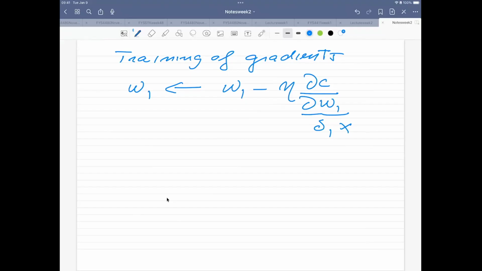But the problem then is that you need to invert a matrix when you have many variables, which represents the second derivative of the cost function with respect to the variables. So if you have 1 million weights in your deep network, it means that the second derivative will be represented by a matrix which is 1 million times 1 million.